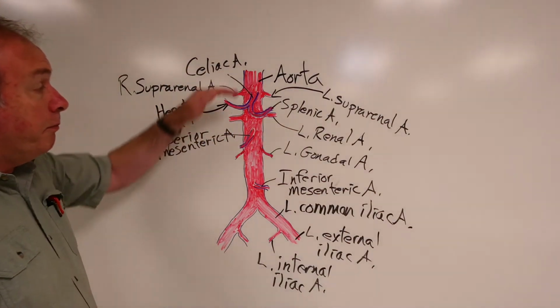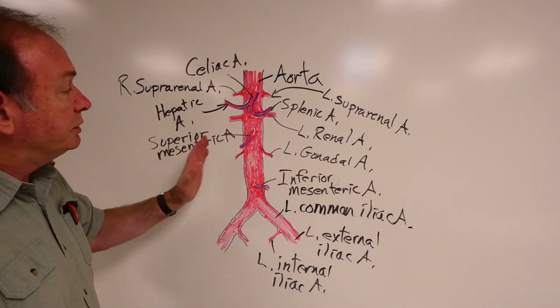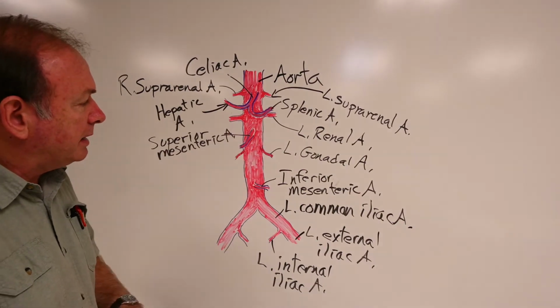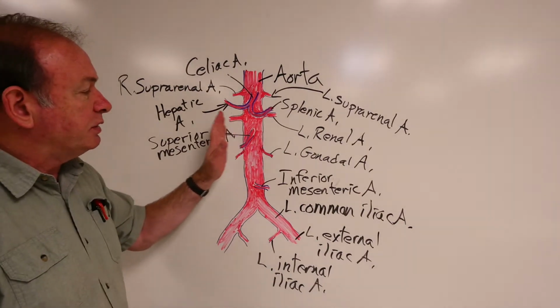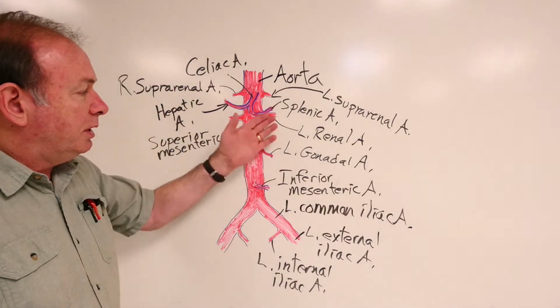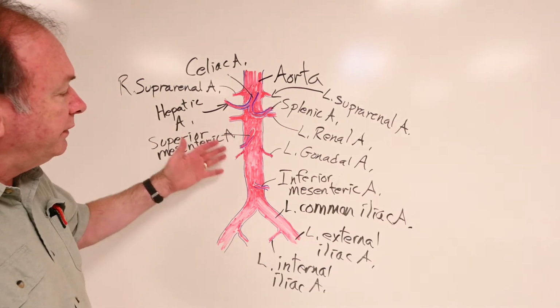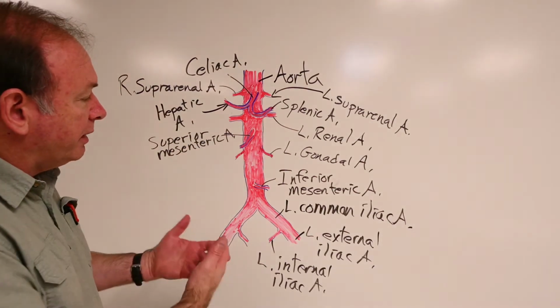So those are the major vessels below your diaphragm, those that go to your abdominal organs, and those that supply much of your back in there. In addition to these, there are smaller arteries that go off to the musculature and tissues of the back wall, skeletal and muscular features that surround your abdominal cavity.